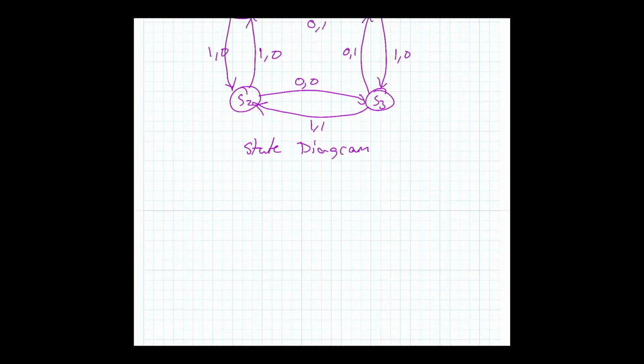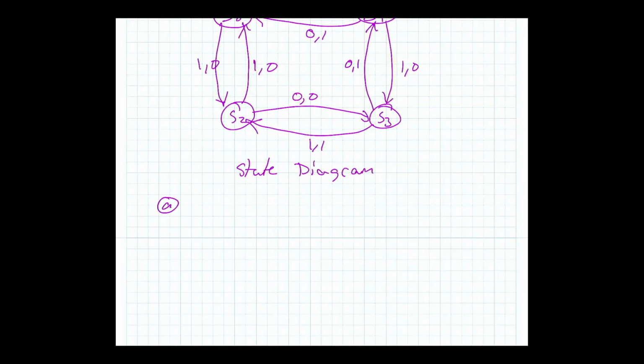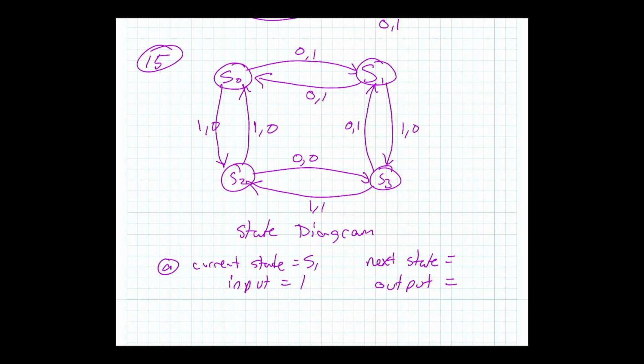And we're solving the same basic type of problem. So A says if the current state is S1 and the input is 1, we want the next state and the output. So just like the previous problem, next state, output. I think maybe these are easier to read for this. So if the current state is S1, you're right here, right? And there are two arrows leaving S1, this one, and this one.